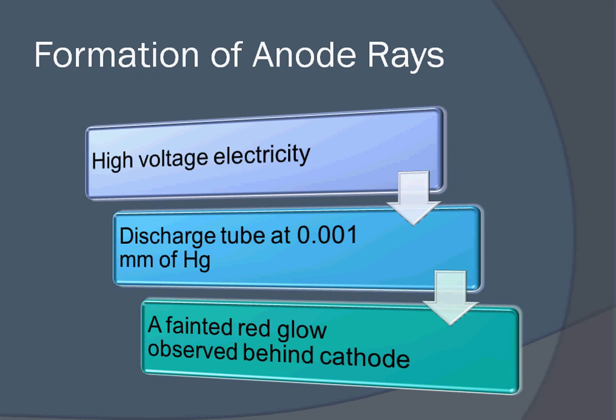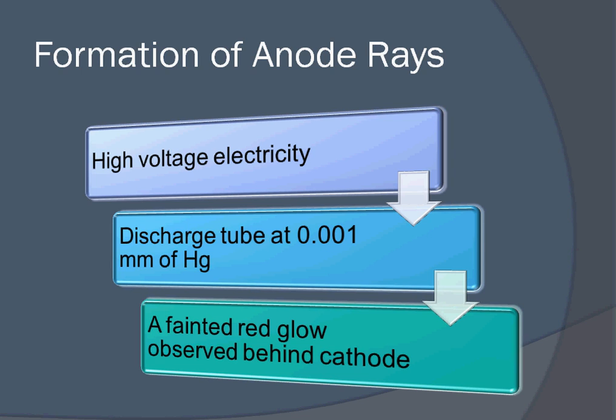The gas taken in the discharge tube consists of atoms, right? When we apply high electrical voltage, the electrical energy splits the gas atom into negatively charged particles and positively charged particles. The negatively charged particles form cathode rays and the positive ones form positive rays.